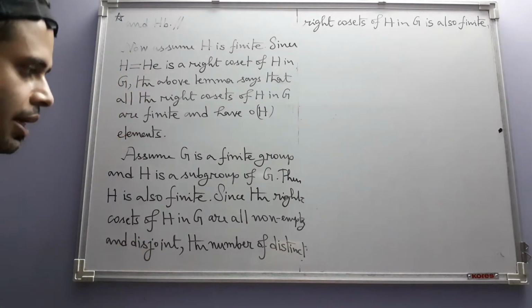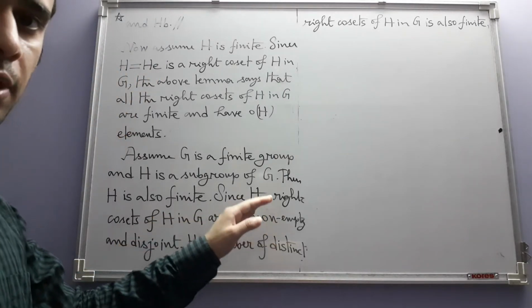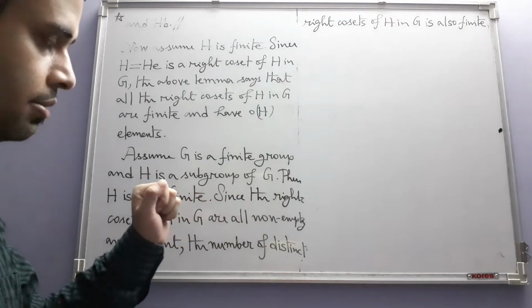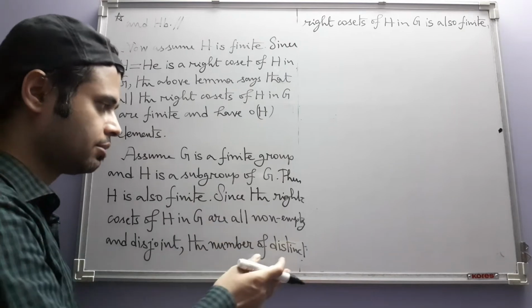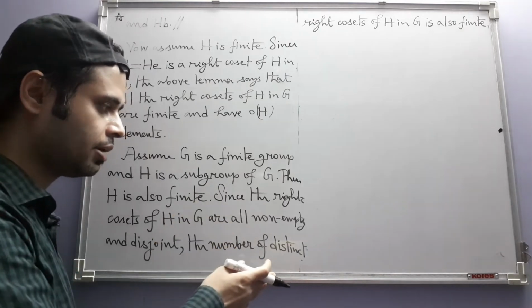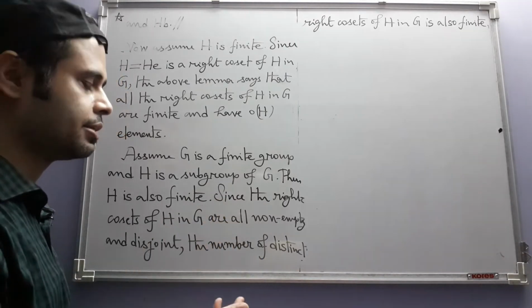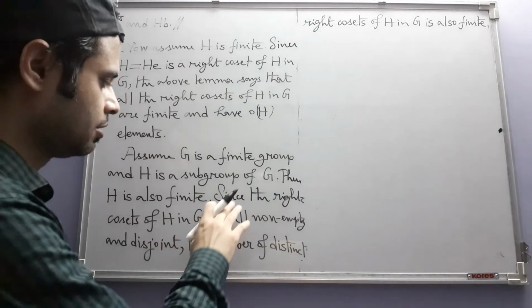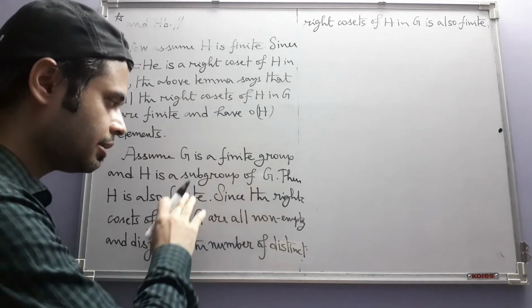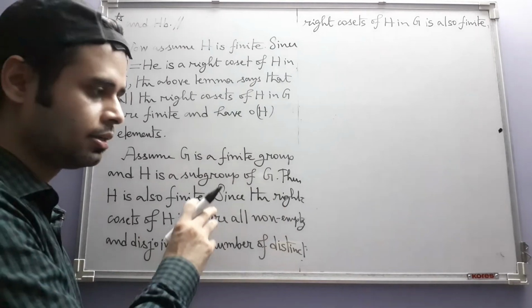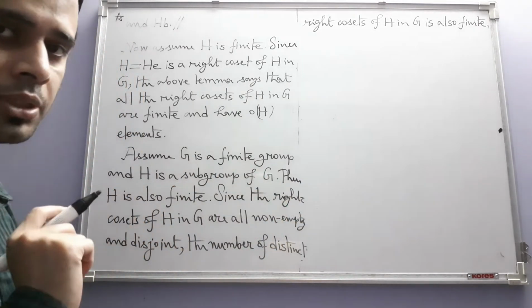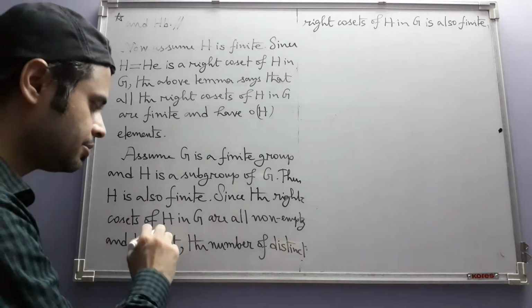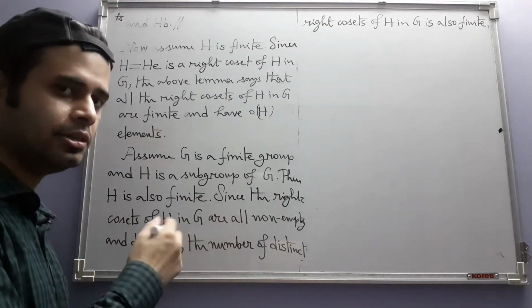That is because we have identified the right cosets of H in G as congruence classes, and you already know that for an equivalence relation, the equivalence classes are first of all non-empty sets, and distinct equivalence classes are disjoint.